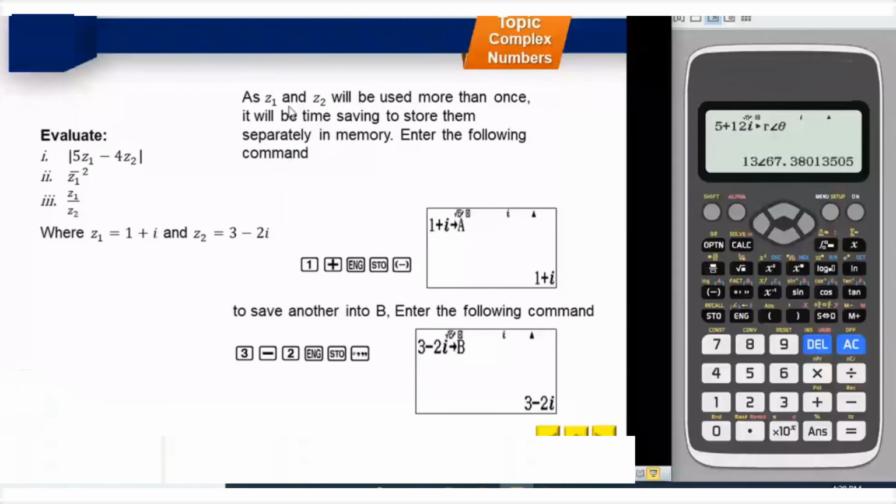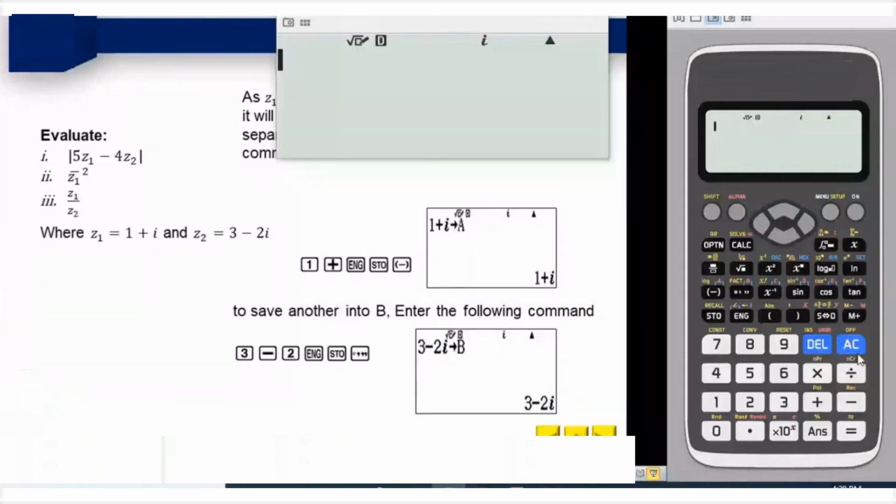As Z1 and Z2 will be used more than once, it will be time saving to store them separately in memory. So in order to store it, we will write 1 plus iota, whatever the equation is, and I will press this button STO. STO means store.